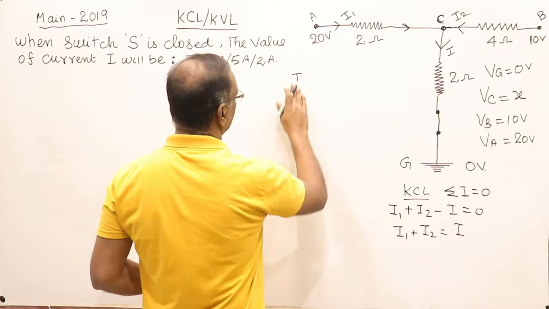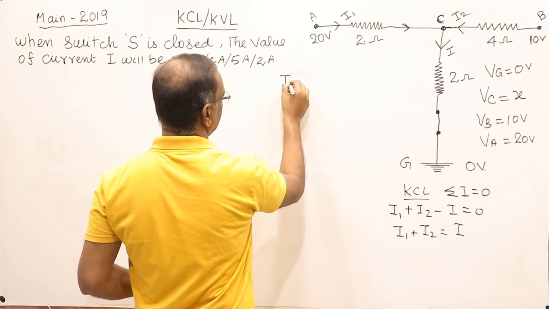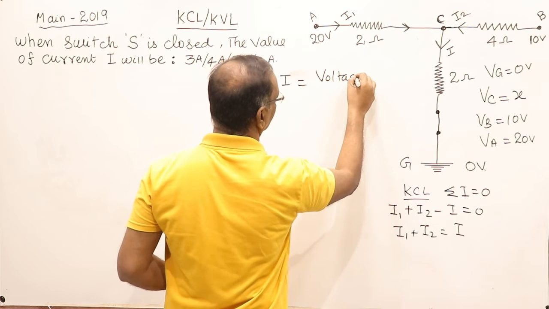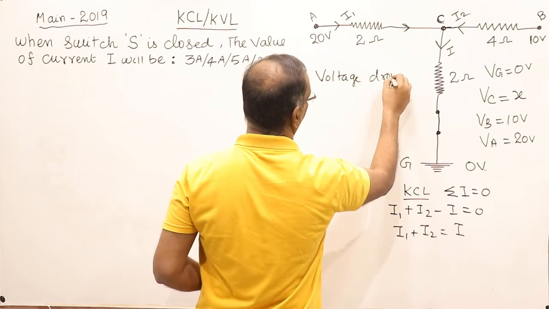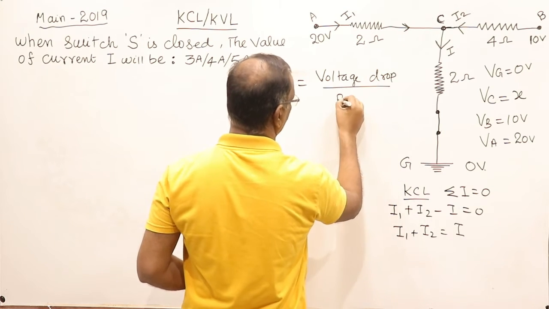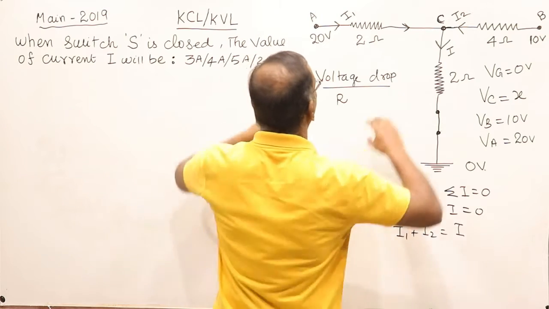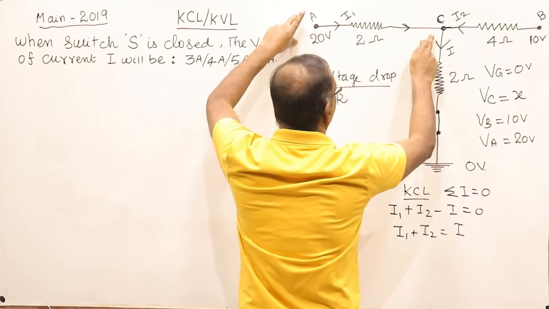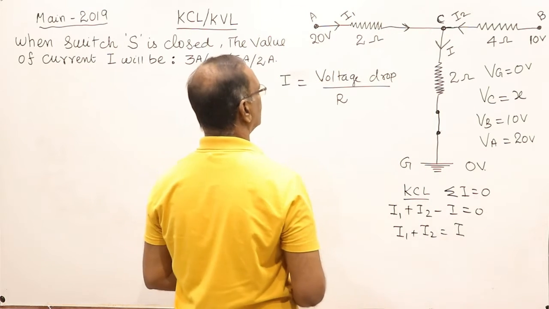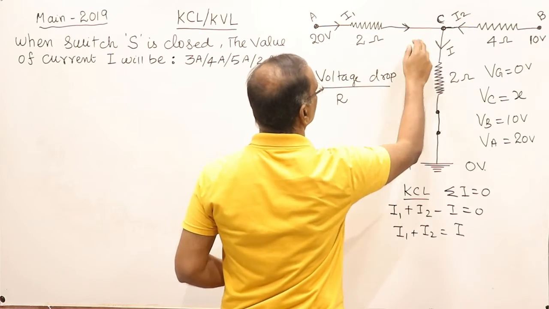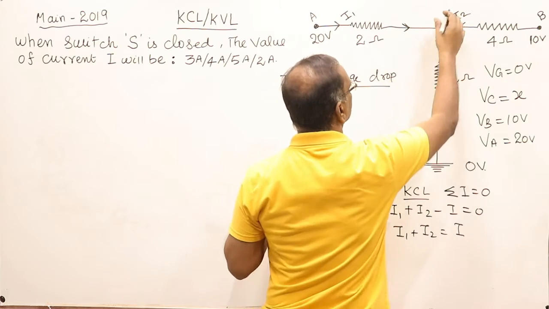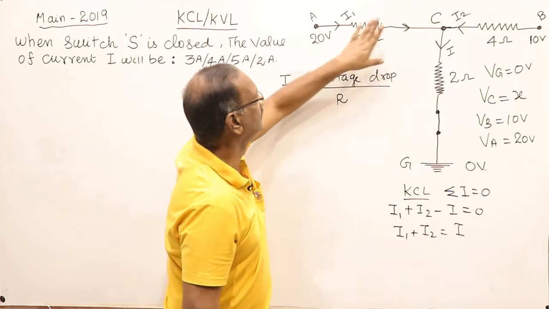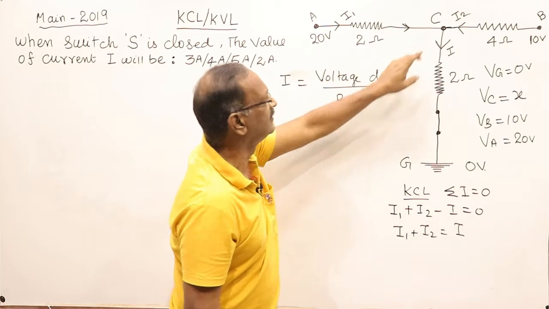What is I1? Since I is equal to voltage drop divided by resistance across it, I1 is equal to the voltage between A and C divided by this resistance. Because the current is flowing from A to C, A is at higher potential and C is at lower potential.